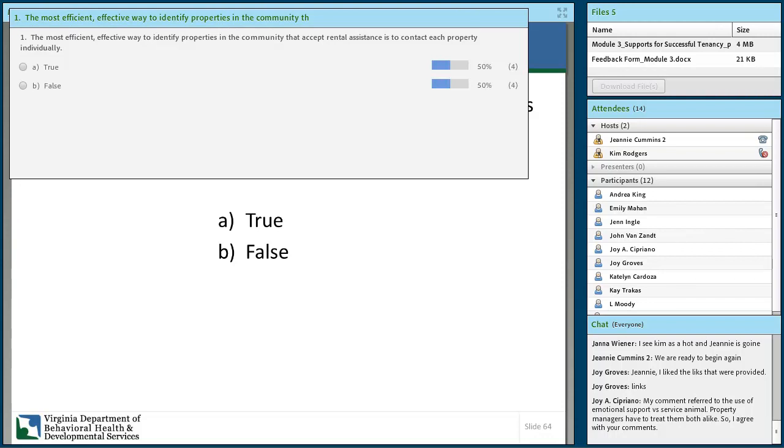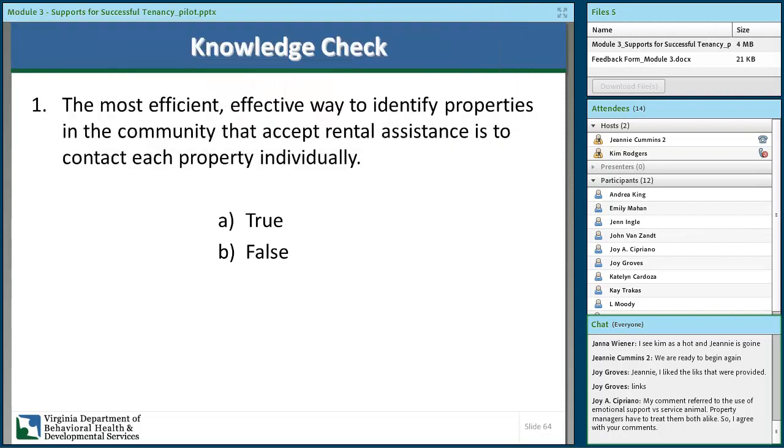So try exploring low-income housing tax credit properties, properties on the local public housing agency's list of participating landlords, and properties on housing search websites. You could also contact property management associations and networking groups that are aware of properties that take rental assistance. Now, once you've winnowed down your list, then it's a good idea to go visit those properties individually with the person.